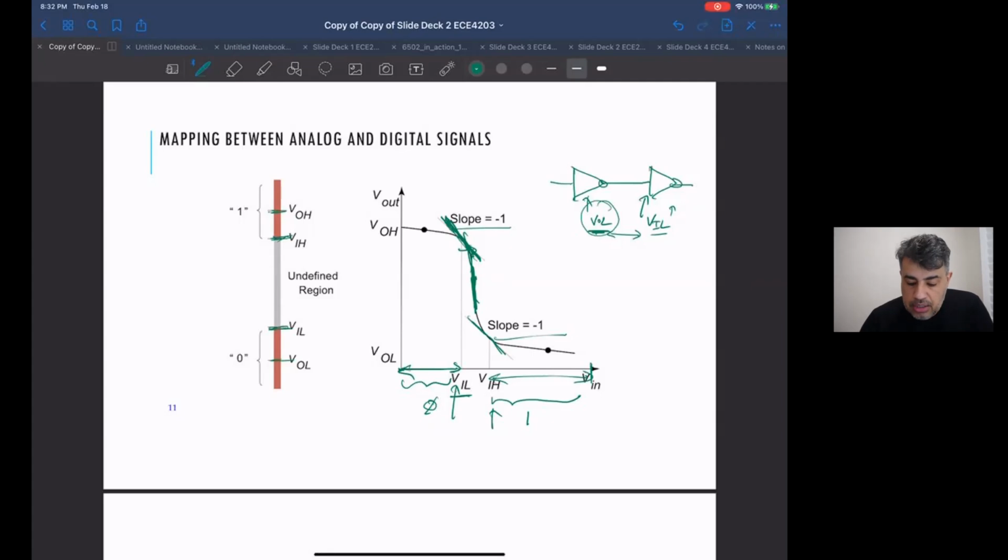It's not. The noise margin is the difference between that and the lowest thing that the gate it's driving will accept as a zero. That's your margin. So if this can vary between those values, the next gate will still see it as a zero.